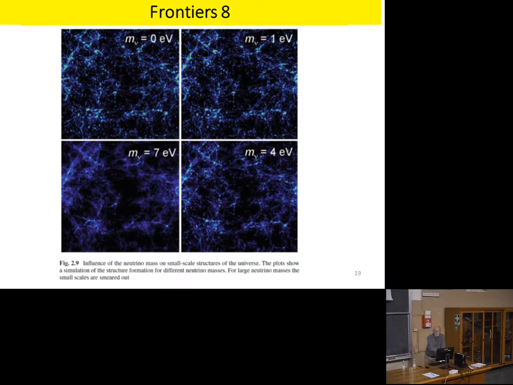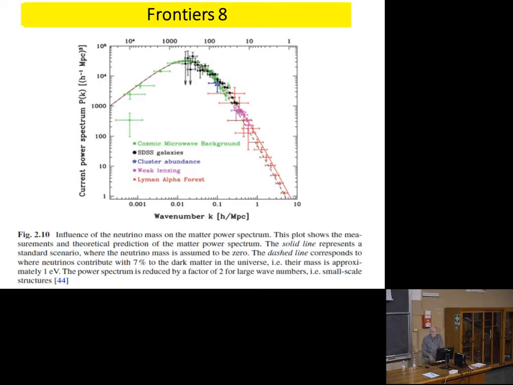And the mass of the neutrino affects the structure astrophysically, so I'm showing this kind of as a preview. This, for example, shows the influence of the neutrino mass on what we call the matter-power distribution we get from observations in the universe. You'll see on the right-hand side that there's a dotted line and a solid line, and that's the difference between two different masses of the neutrino.